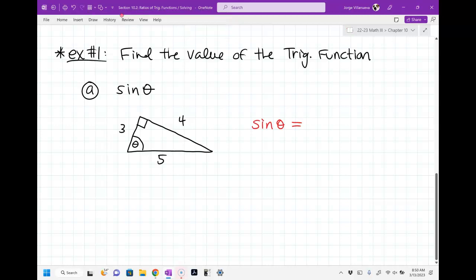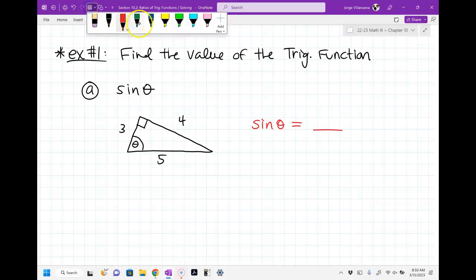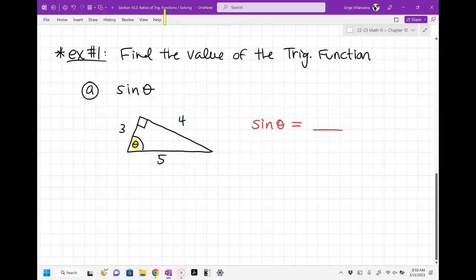They want me to solve for sine of theta. Now I know sine of theta is going to be a fraction. If you look at all the definitions, they were all fractions. According to the definition, theta is my angle, this little angle right here. I've got to figure out the opposite side of it.